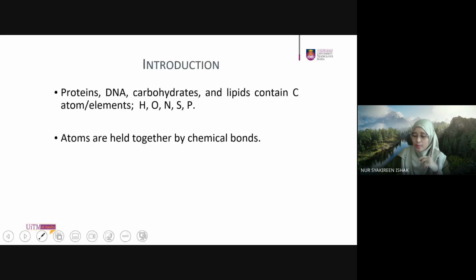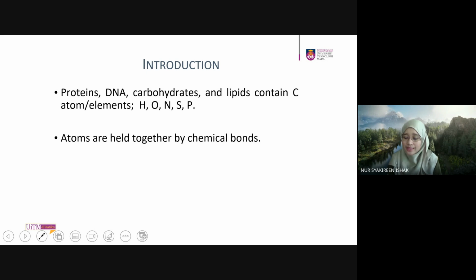Okay, so before we go deep into all these macromolecules, we need to know the basic information. The introduction first: proteins, DNA, carbohydrates, and lipids contain carbon atoms and also other elements such as hydrogen, oxygen, nitrogen, sulfur, and phosphorus.